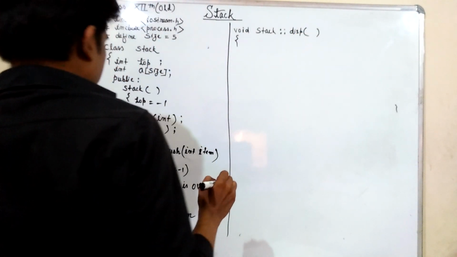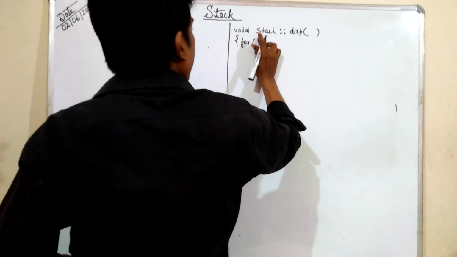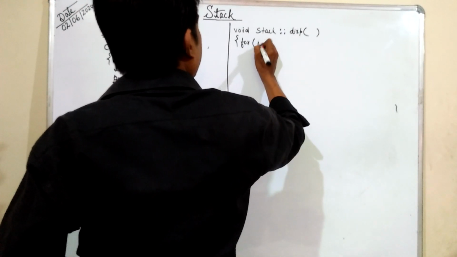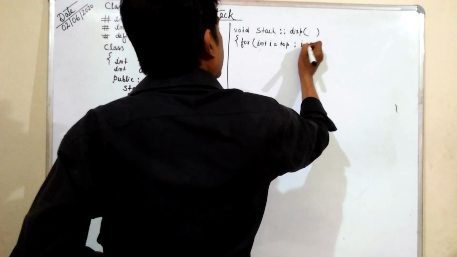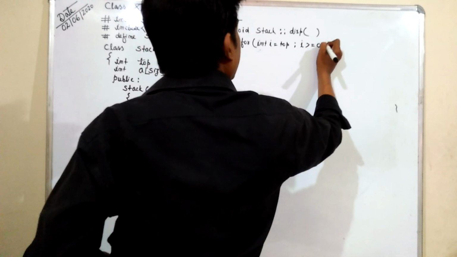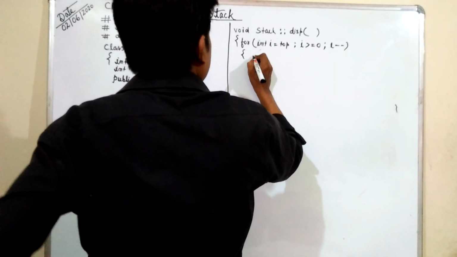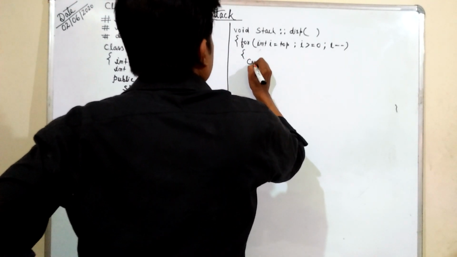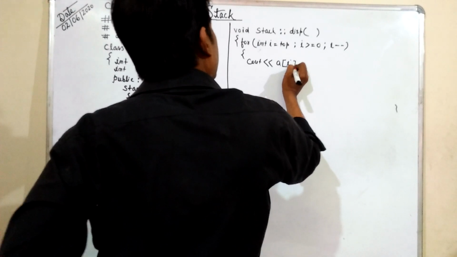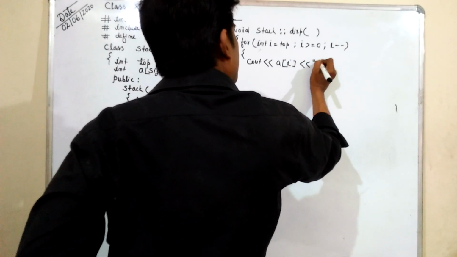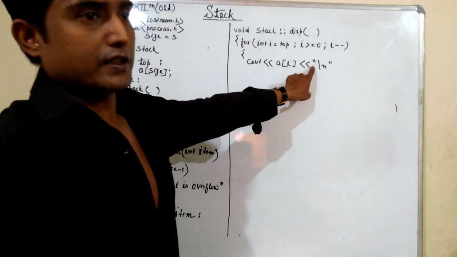We are going to perform the for loop, and here we are going to use another variable, int i equal to top, and i greater than or equal to 0, and i minus minus. And here, students, my cout will be A[i], and here it should be terminated, meaning this line is for the termination.